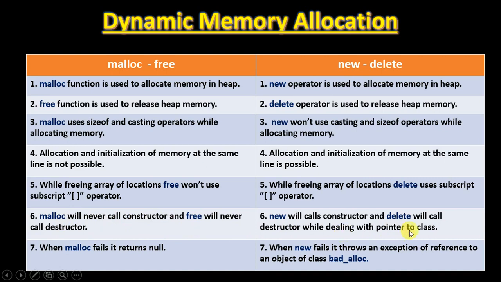This is the point which makes us move from malloc/free to new/delete. Otherwise, whatever malloc is doing, new is also doing. So instead of new, you can directly use malloc/free also. Since C++ has backward compatibility, malloc, free, calloc, realloc, all those things will work. But instead of malloc and free, it is always advised to use new and delete in C++.